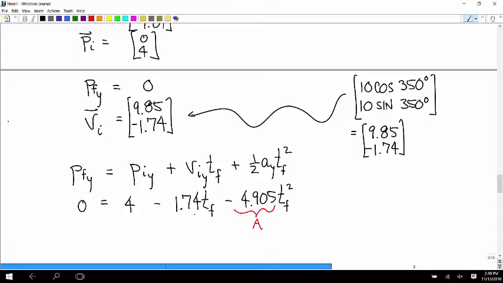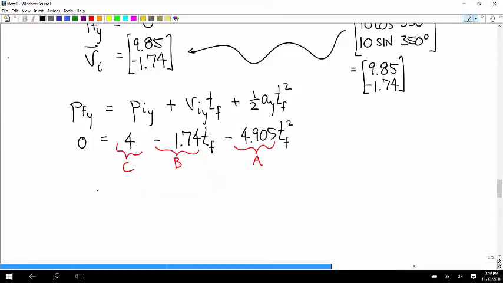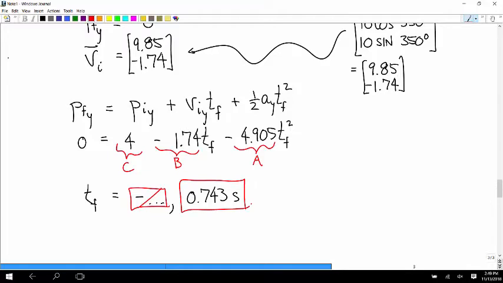A is negative 4.905, B is negative 1.74, C is positive 4. And if you calculate that using the quadratic formula, you get negative something and positive 0.743. We know we're not going to use the negative one, so it has to be this one.